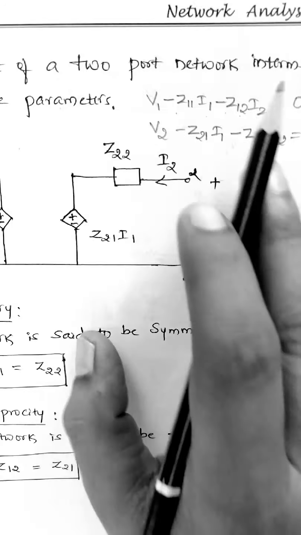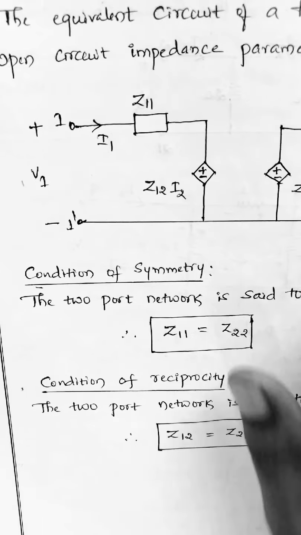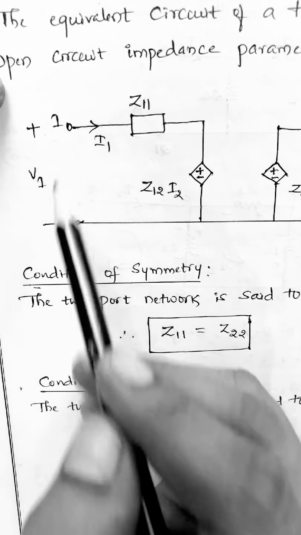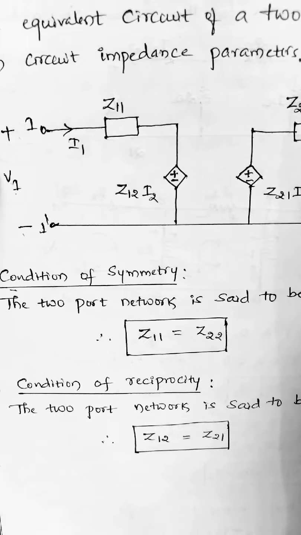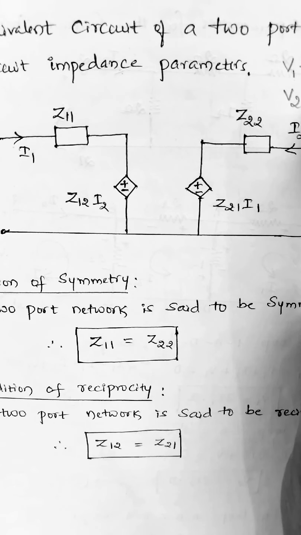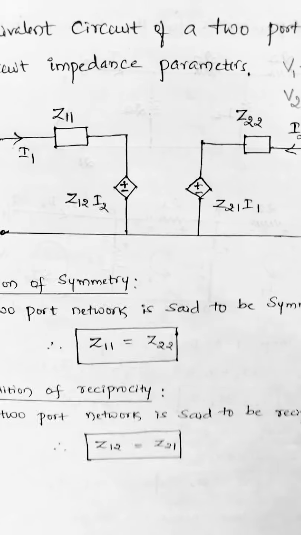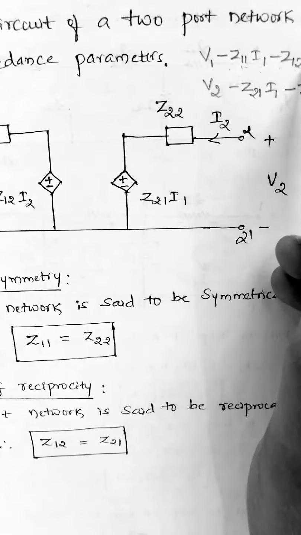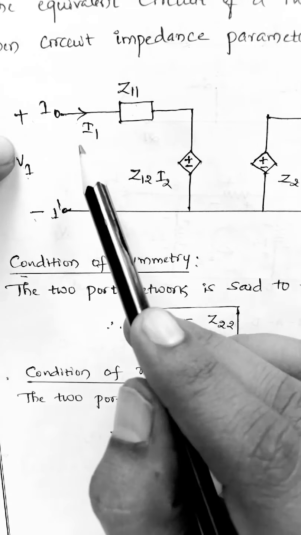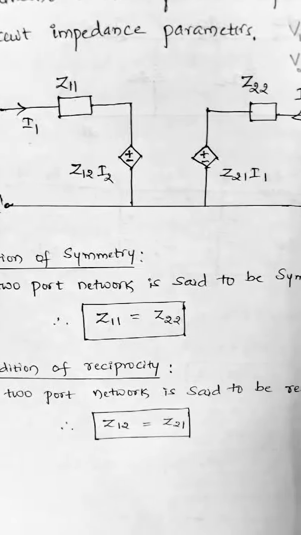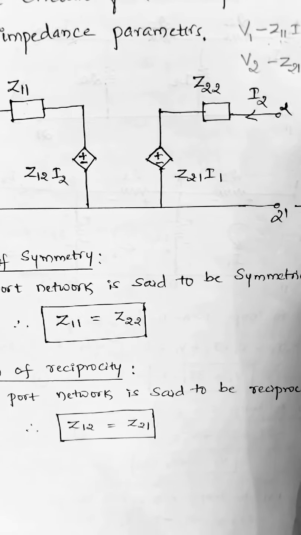Let us observe equation 3 in this part. V1 is the positive voltage reference present at port 1, and I1 is entering port 1, where Z11 is the parameter present at port 1, so that is represented here as Z11. Next, in port 1 there is no I2 term, only the parameter Z11 and I1, but I2 is present at the output port.